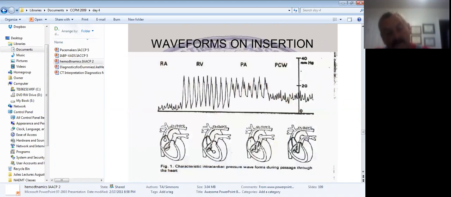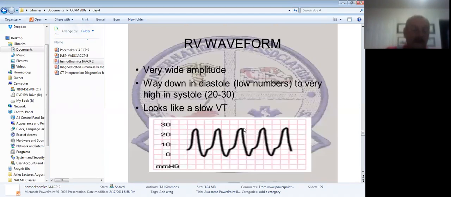And then as the catheter is advanced into the pulmonary artery, the amplitude of the signal goes down and you begin to see a dicrotic notch because, of course, you passed one of the major valves. And then when the balloon is inflated and driven from the pulmonary artery and wedged into pulmonary capillary beds, you see something that looks like a CVP, except that the pressures are, of course, higher. So that's what the waveforms look like.